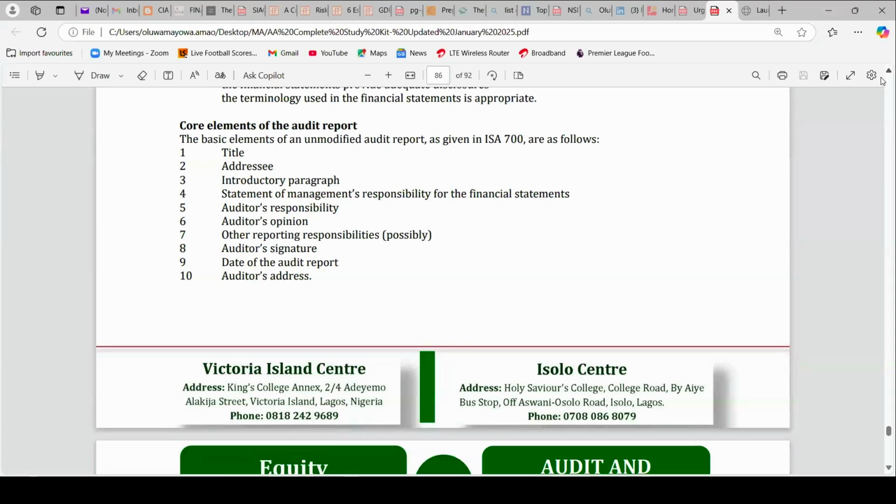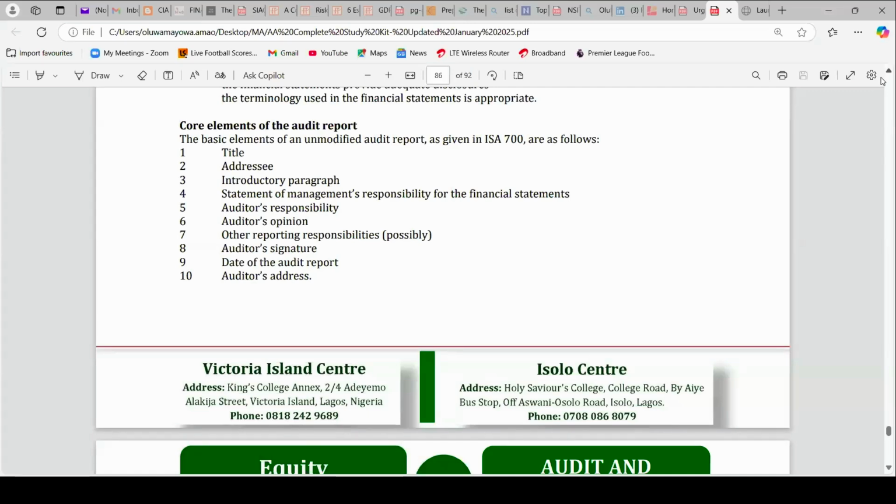Then there will be the introductory paragraph. Then under that, there will be the audit opinion. So there will be a place there that it will be stated, this is the opinion of the auditor. The basis of that audit opinion will be stated. The statement of management responsibility for the financial statement will be stated.